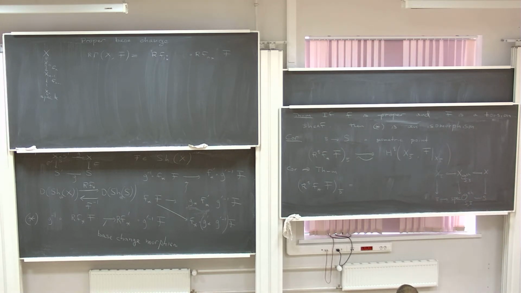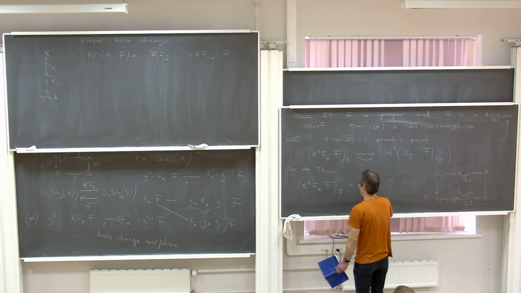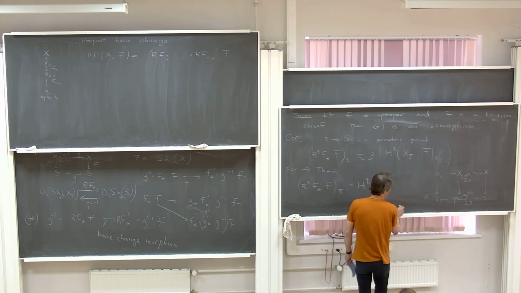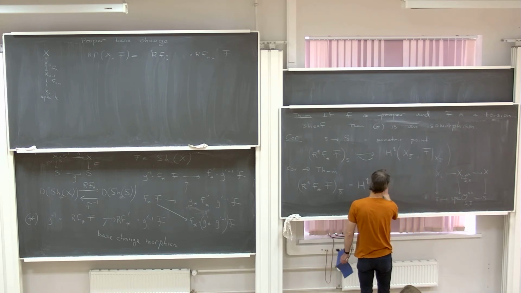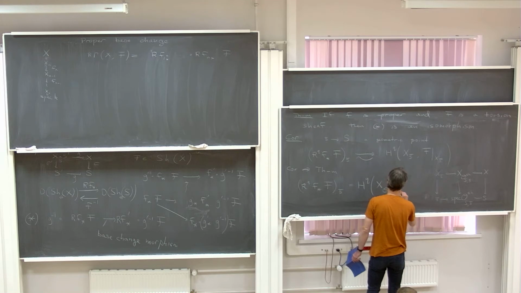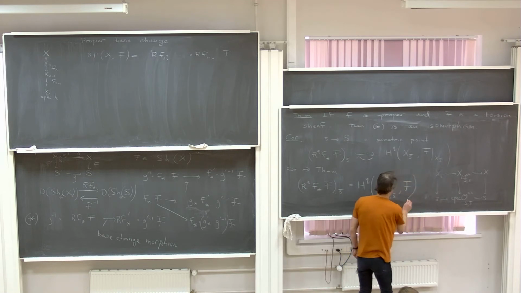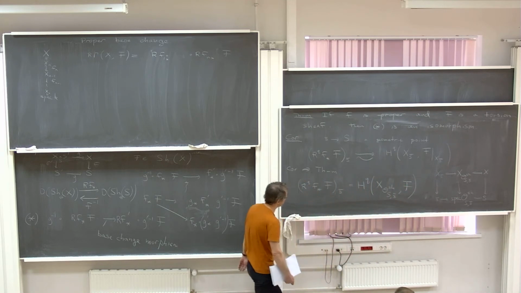Now, this guy is nothing else but the q-th homology of this sort of tubular neighborhood, X over the strict Henselization of S bar, with coefficients in F. Well, I have to restrict it. I'll simplify my notations.